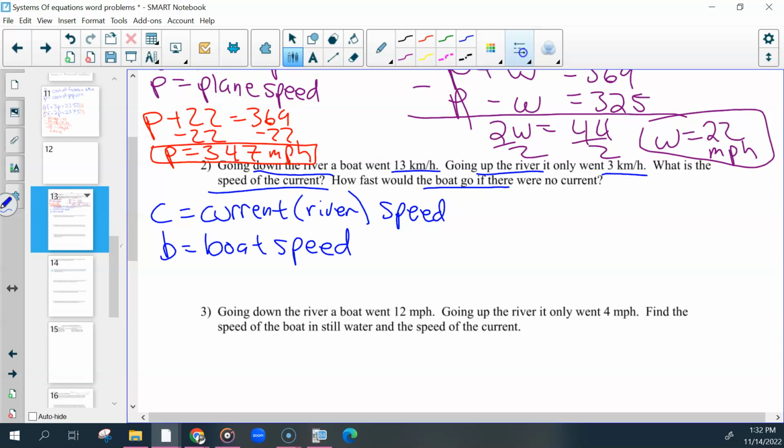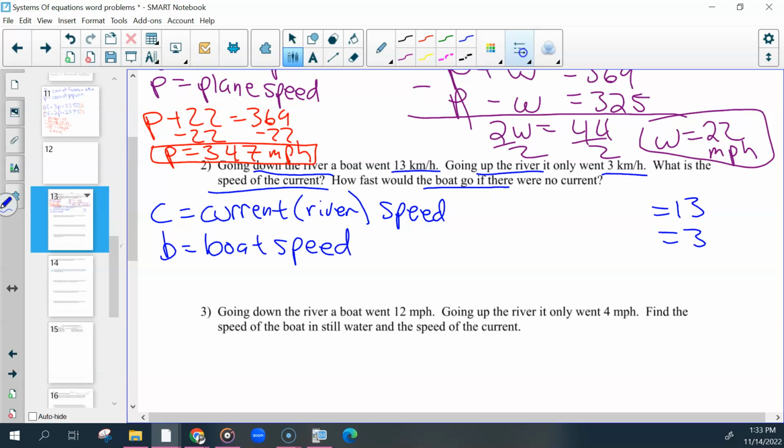How would we set up these two equations? It's similar to this last problem. And then what would we set equal to 13?